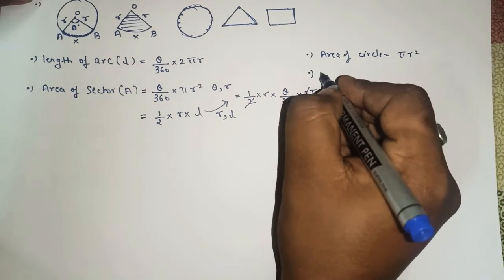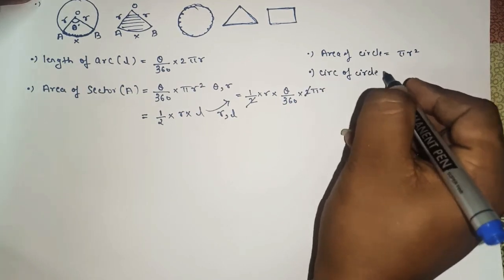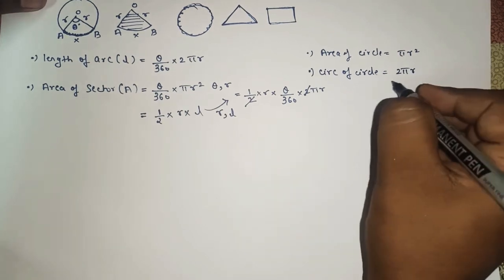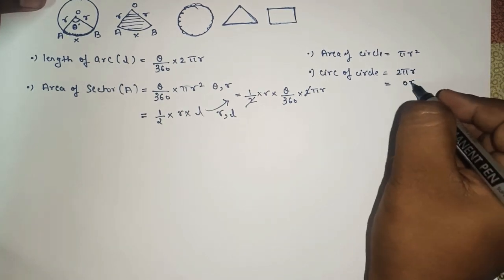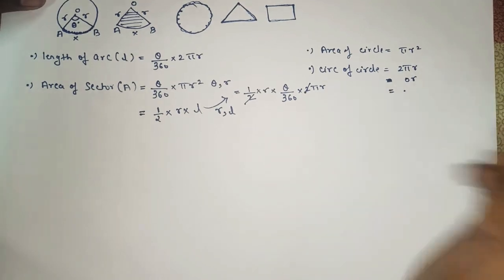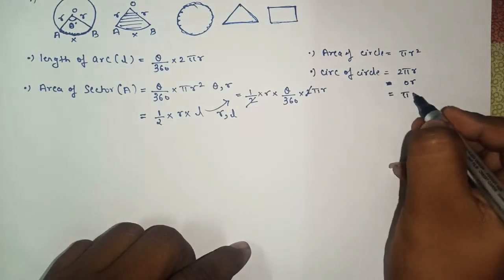And there was one more basic formula, the circumference of a circle. What was the circumference of the circle? It was 2 pi r, or what else did we used to write? Pi d also, yes or no?